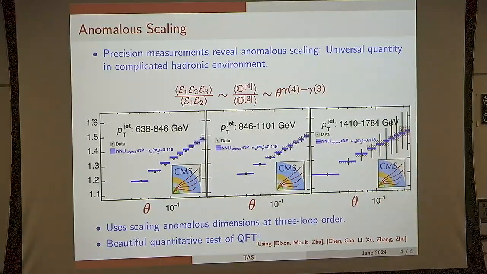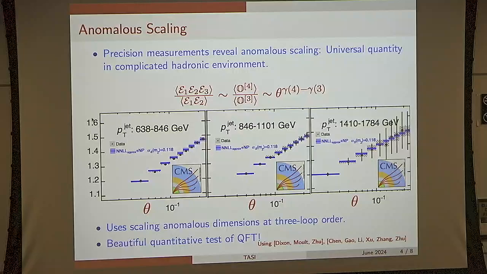And so what this is really probing is exactly this power law shown here. So you can really accurately extract these different anomalous dimensions shown here. So you can really see this kind of quantum behavior as you bring these detectors together. And so this is one of the things that we'll try and understand later, kind of why you get this scaling behavior. Sorry, do you have a question?